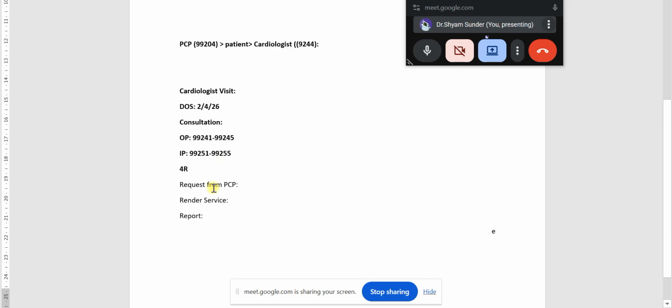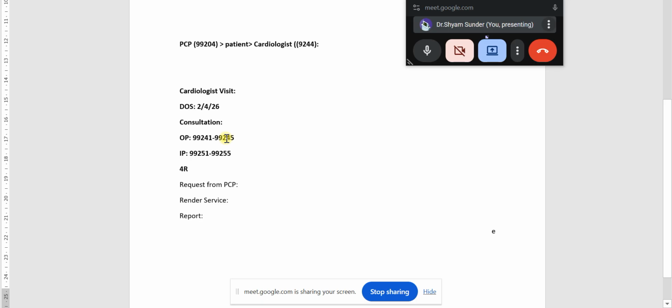The cardiologist thinks the patient has to stay under the cardiologist's observation forever. The cardiologist says your PCP cannot manage your disease, it is very complex, so come for follow-up with me only.